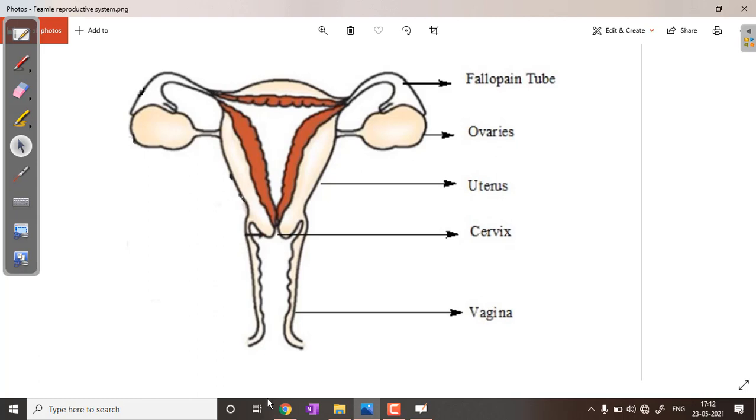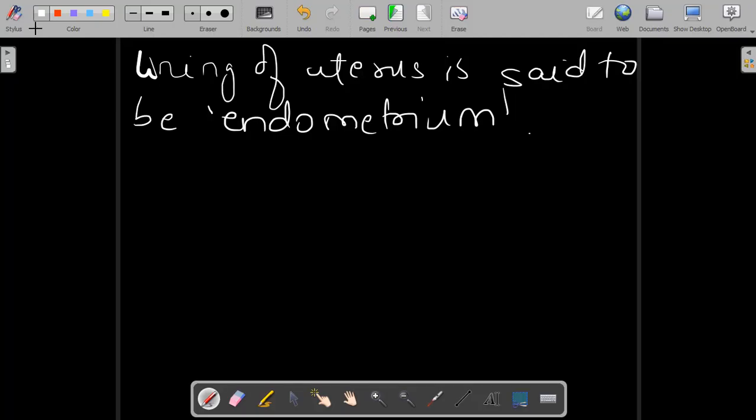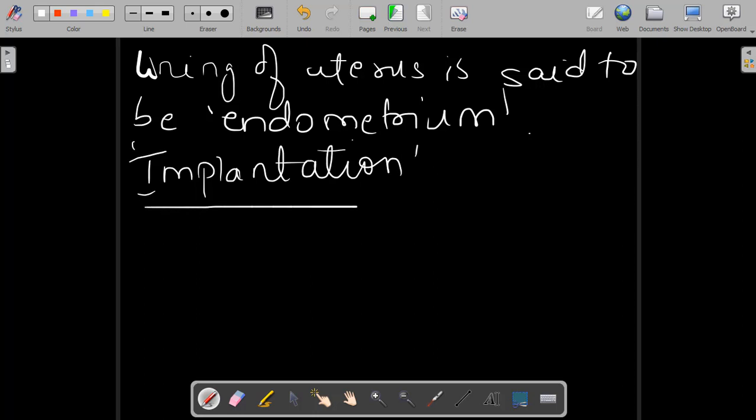And once the fertilized egg is received, it fixes itself into this lining, and this fixation is said to be implantation. So implantation is another important term. This is basically fixation of the zygote.